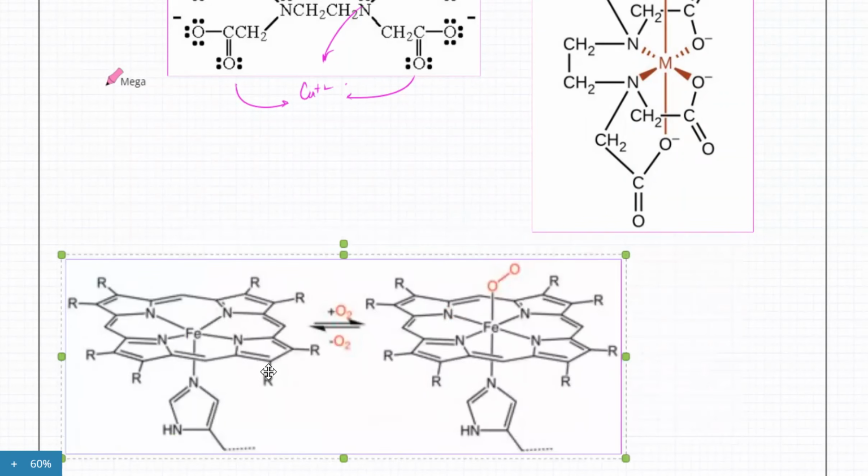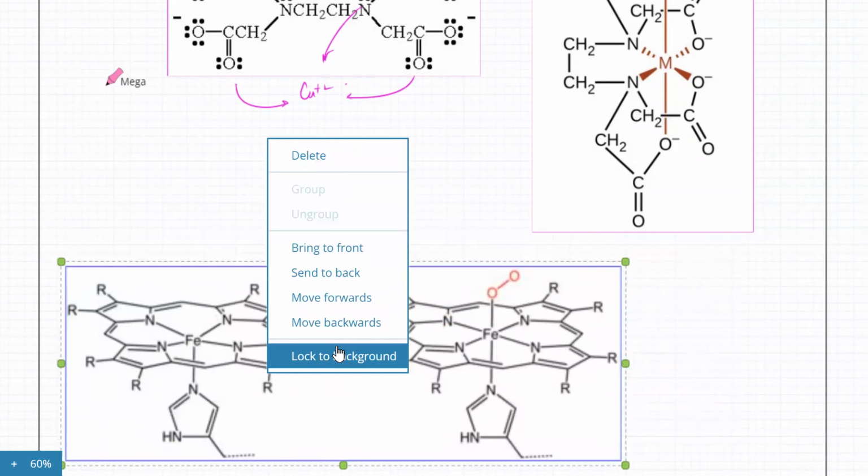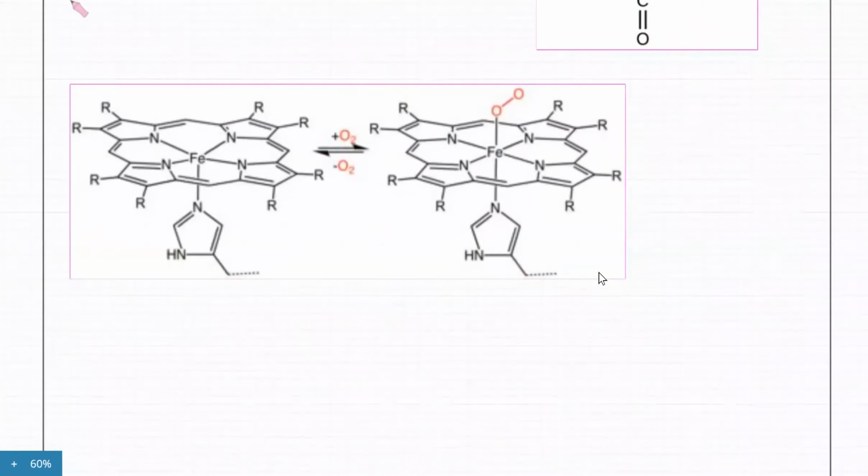So here you can see a heme group. This is part of the structure of hemoglobin.